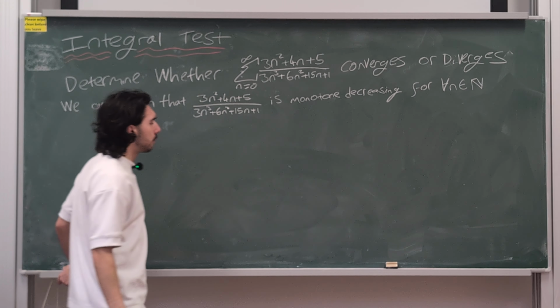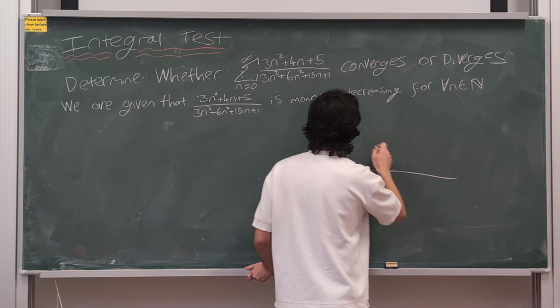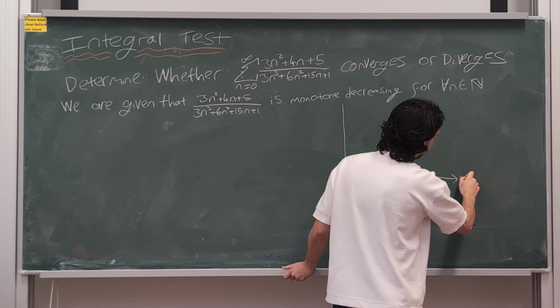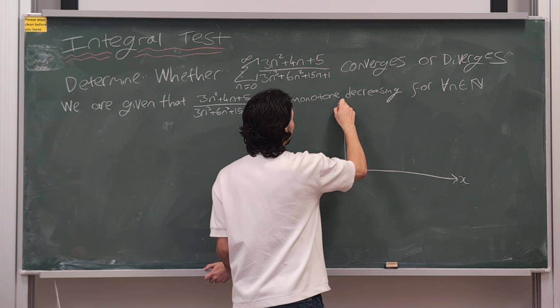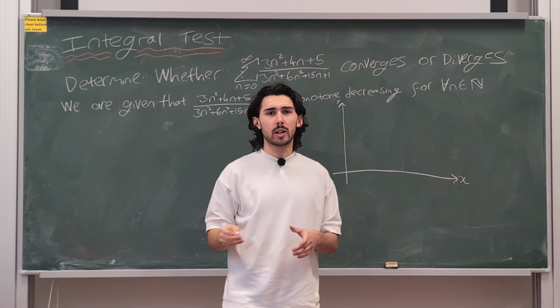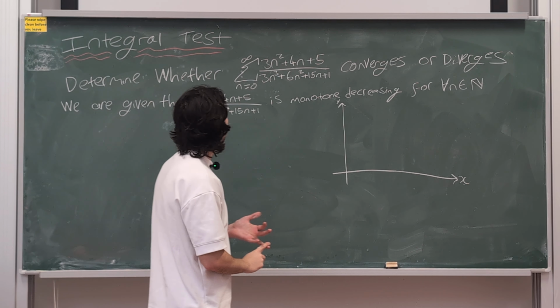Well, let's draw the function. Because it's monotone decreasing, that means it's decreasing and it never increases again. Because of this, we don't really care exactly what it looks like. I'm not going to try to determine what it looks like by doing differentiation or plugging values in. We just know that it's decreasing.